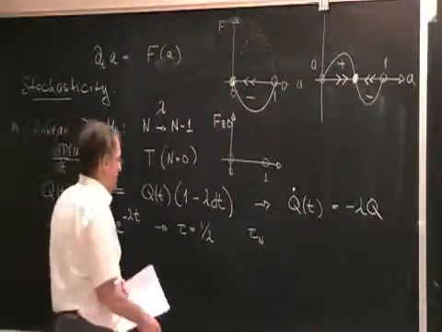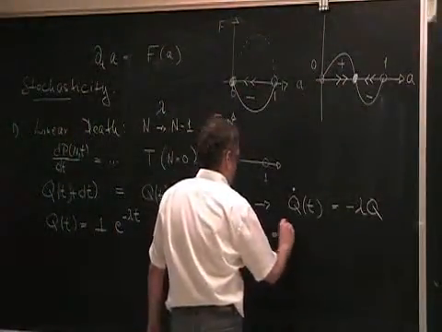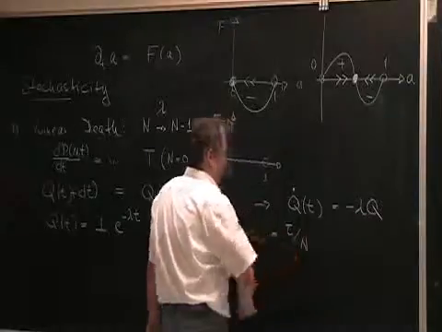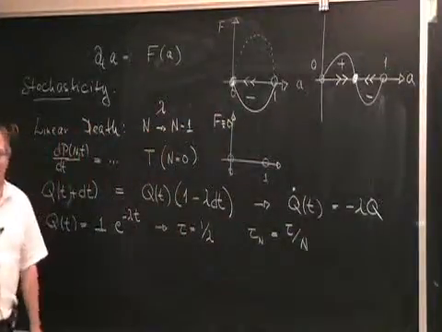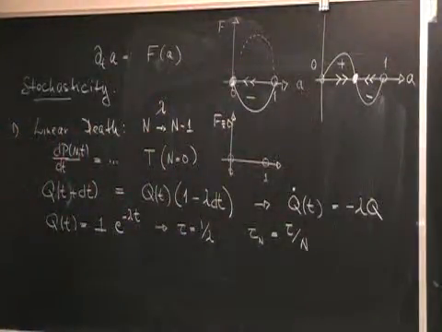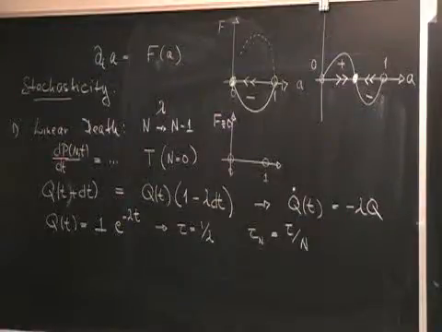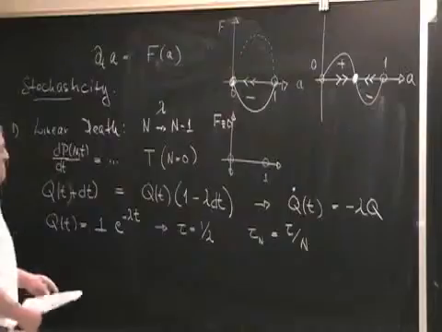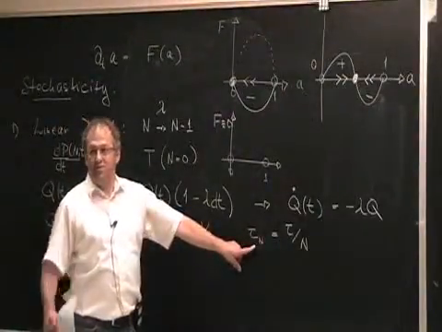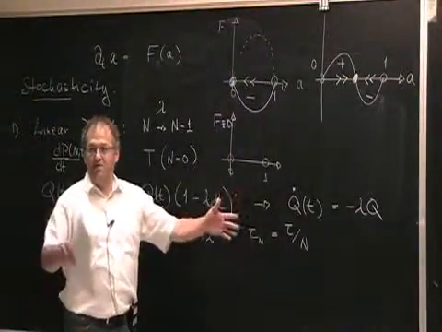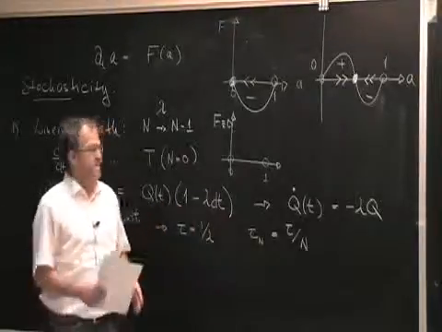So this number here then is given by tau over n. Since each of the individuals has the same chance of dying, that reduces the survival time of the population of being of size n. So during that time period, the population size changes from n to n minus 1.